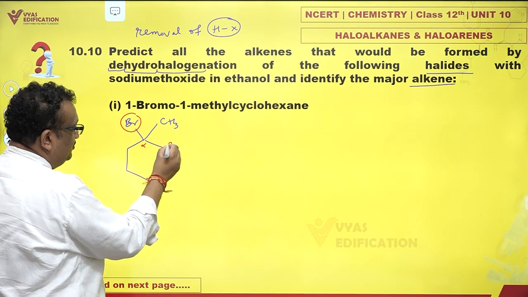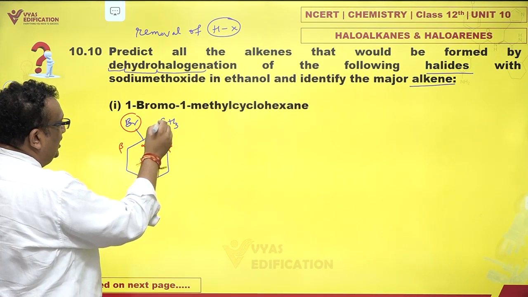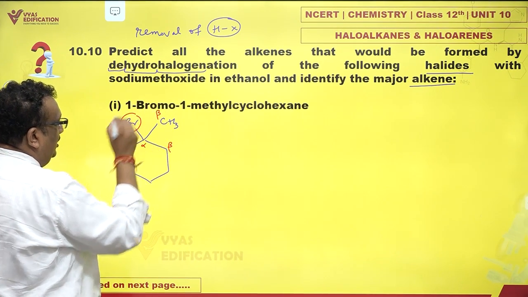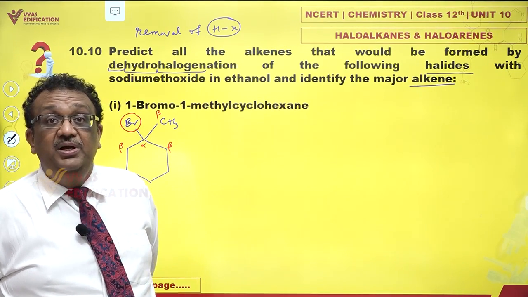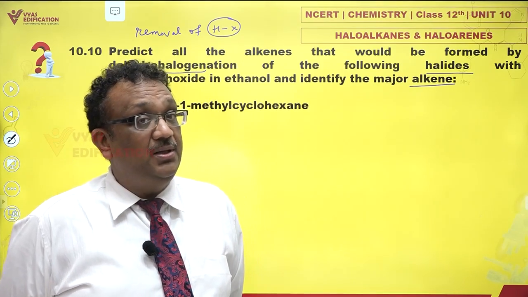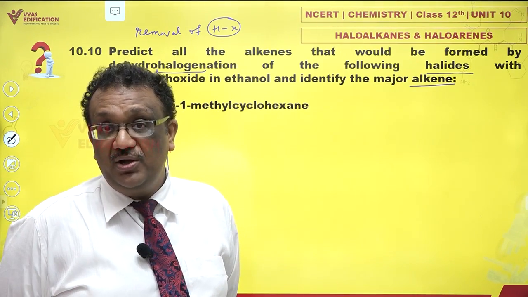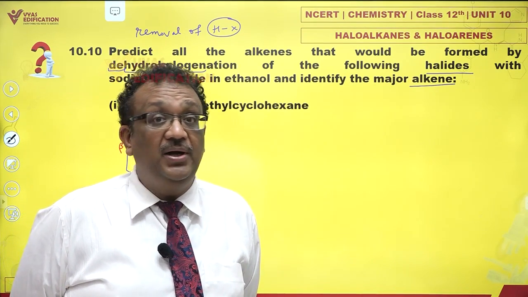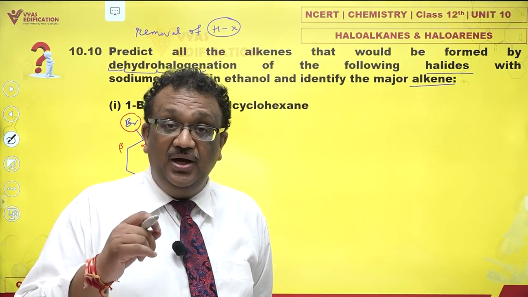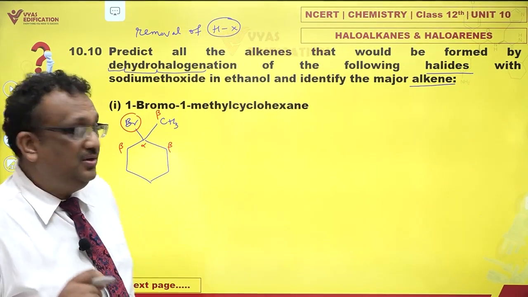This is alpha, this is beta, and this is also beta. And the concept is that the beta hydrogen is removed by the base in a dehydrohalogenation reaction.